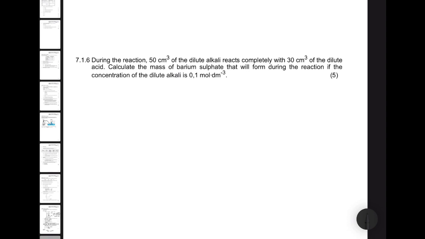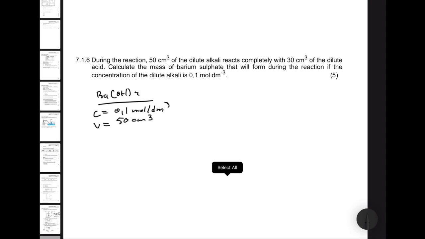So we have the dilute alkali Ba(OH)2, and we are given the concentration, 0.1 mole per decimeter cube, and the volume, which is 50 centimeter cube.